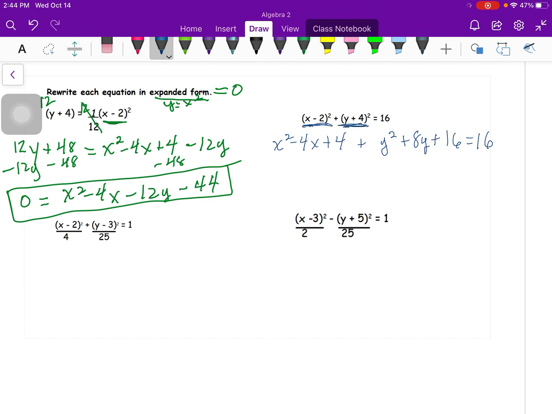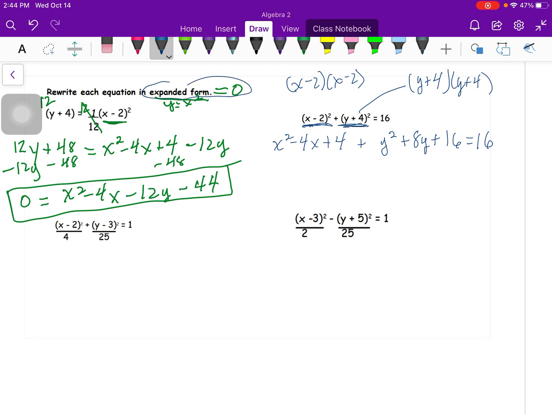If you cannot square these in your head, then you're going to have to do x minus 2 times x minus 2. And in this one, you're going to have to do y plus 4 times y plus 4 to get these squares.